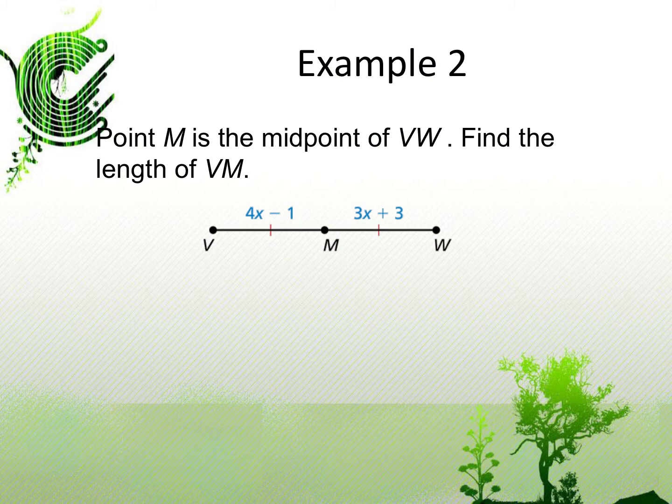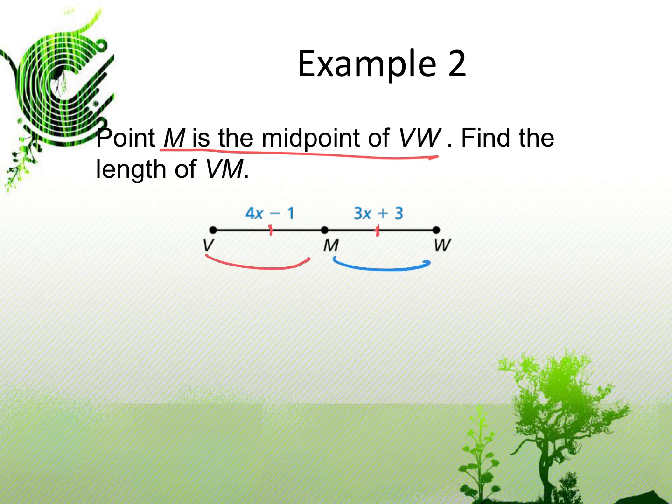So example 2. They gave us the statement that point M is the midpoint of VW. Now, also in the picture, notice they already added in the congruency marks. But just remember, if they didn't have these little red marks, just by them stating that M was the midpoint, that tells me that VM is going to be equal to MW.